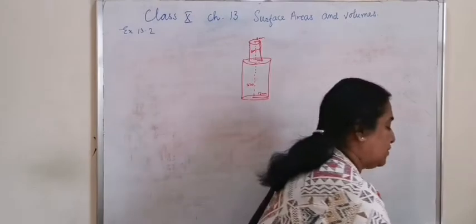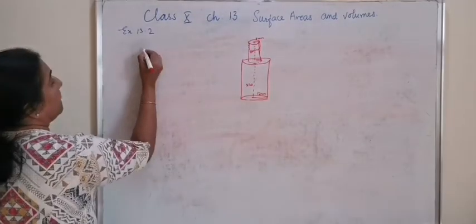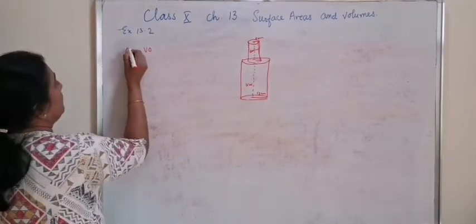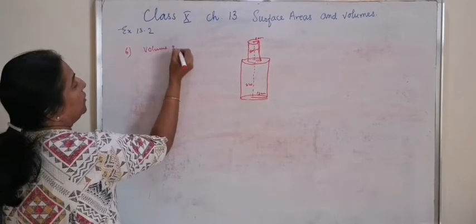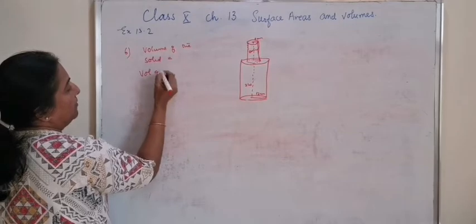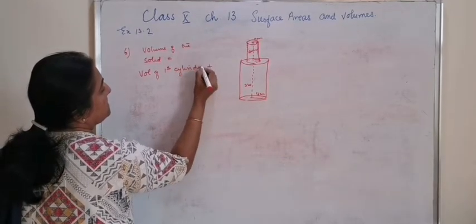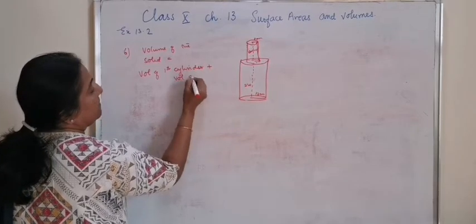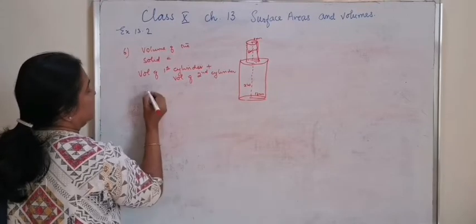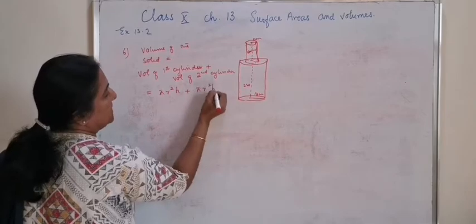So the volume of the solid is equal to the volume of the first cylinder plus the volume of the second cylinder, which is equal to pi r square h plus pi r square h.